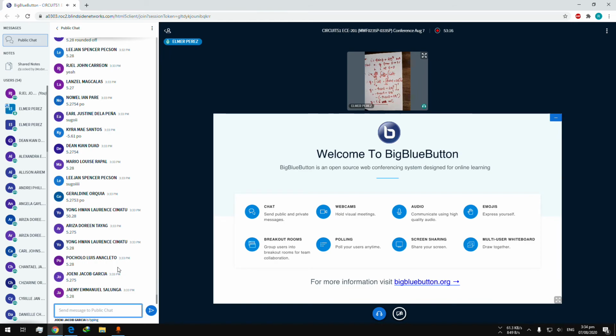Bakit ang calculate ko pinapalabas is 1.6?